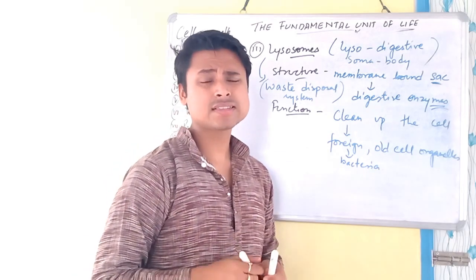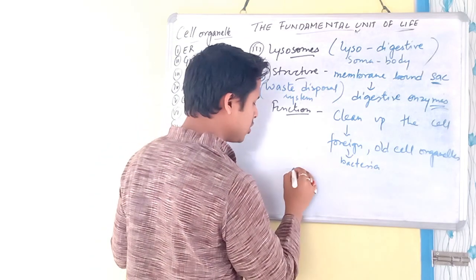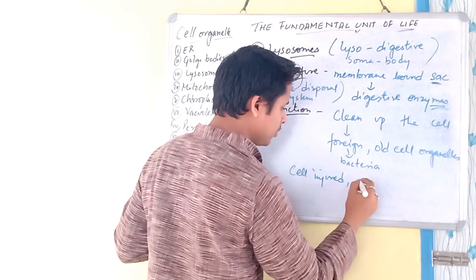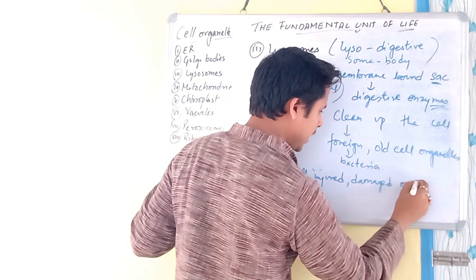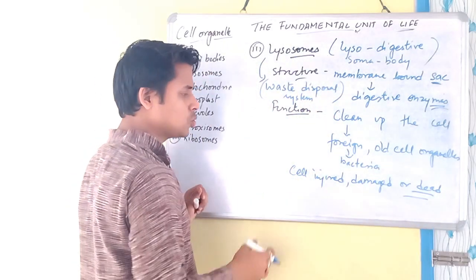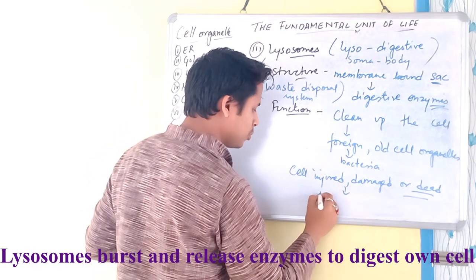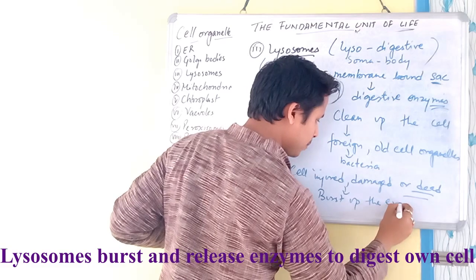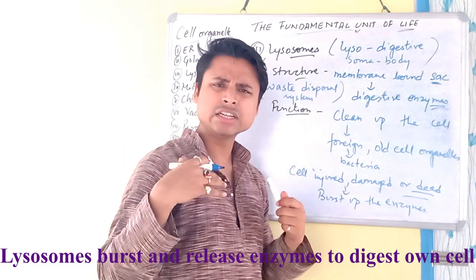Even if the cell is not functioning, or the cell is injured, or we can say damaged, dead, then what happens? This lysosome bursts up the enzymes, and because of this the whole cell gets destroyed.